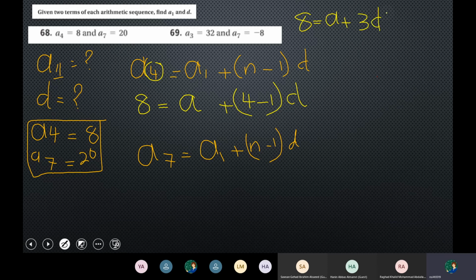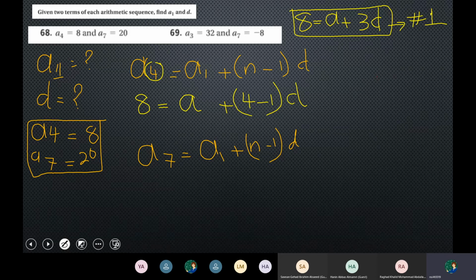So it will be A plus 3D. This is now my first equation: 8 is A plus 3D.